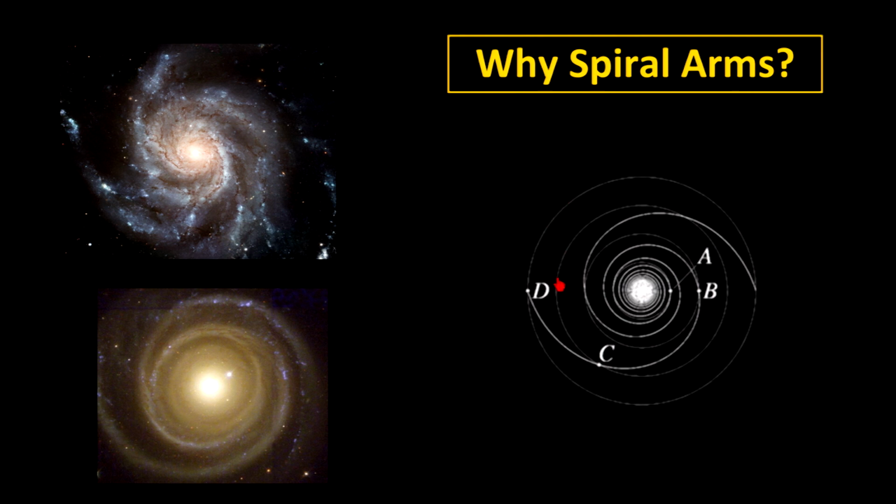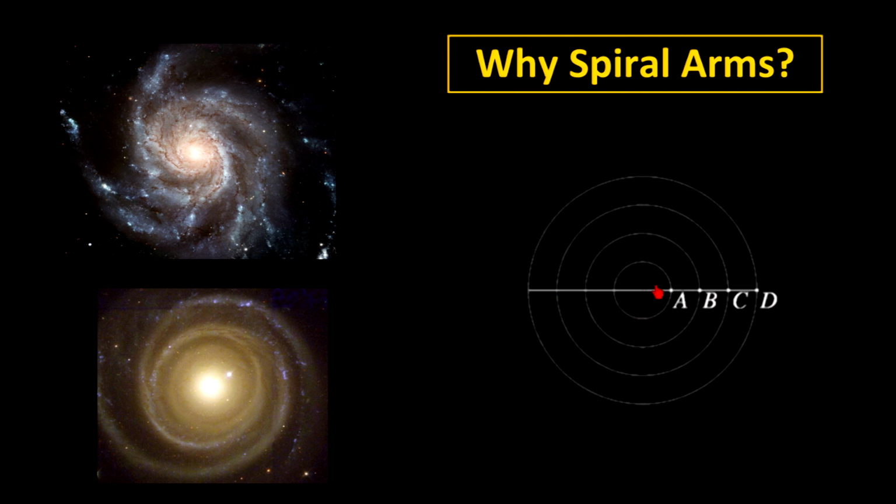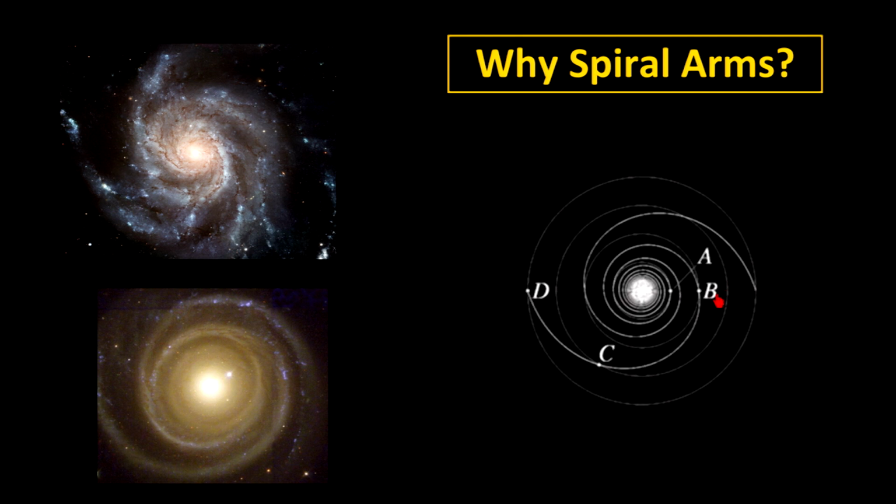Let me go back for a second. The previous lining up of the stars, based on their different speeds, would no longer line up. And you can make the argument that this makes a really nice spiral arm. A is here, B is here, C is here, and D is here.